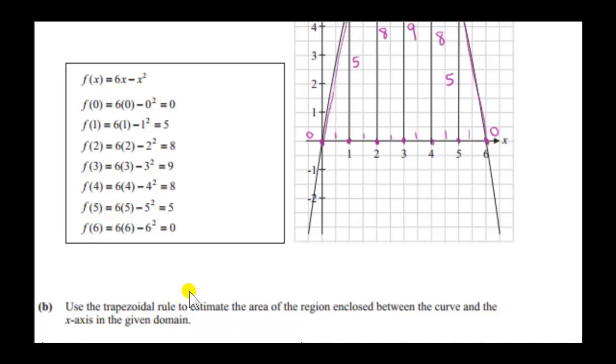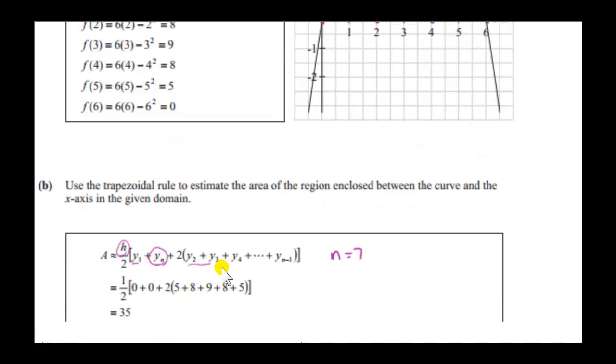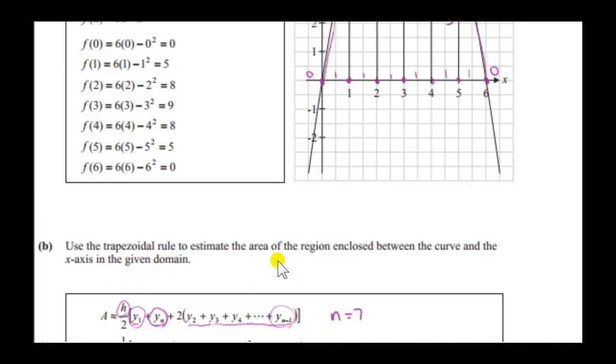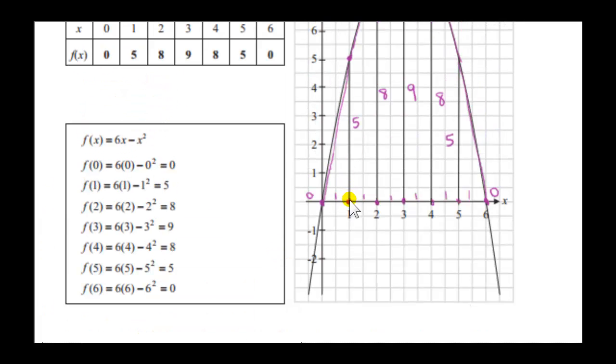Next we have to take 2 times the sum of all the heights between the first one, y1, and the last one, yn. So the yn minus 1 stands for the penultimate or second last height. Okay, so y2 as far as yn minus 1 basically just stands for these heights here.